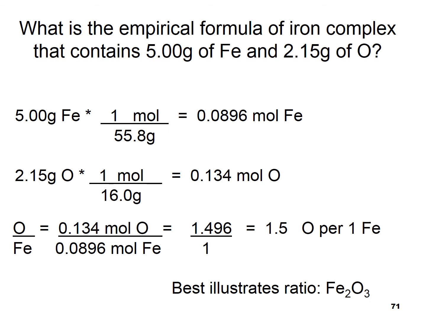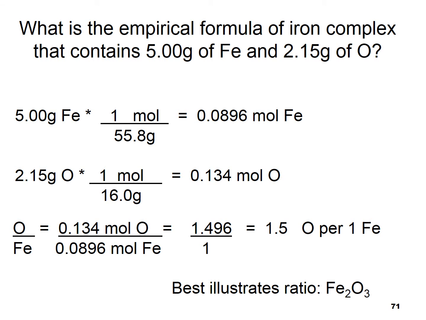Okay, so again, the first few steps are the same. Find the moles of iron, find the moles of oxygen. Now I do want to point out that our numbers here come out very close to 1.496, or to 3 sig figs, 1.50 oxygens per iron. So the common mistake people make is they round that off to Fe1O2.